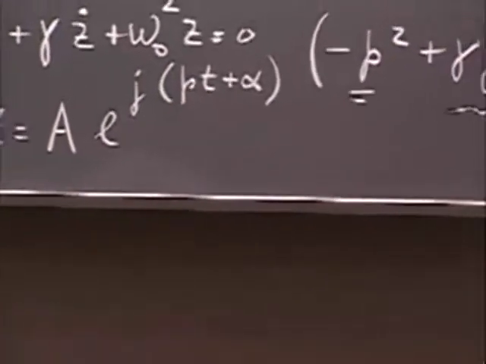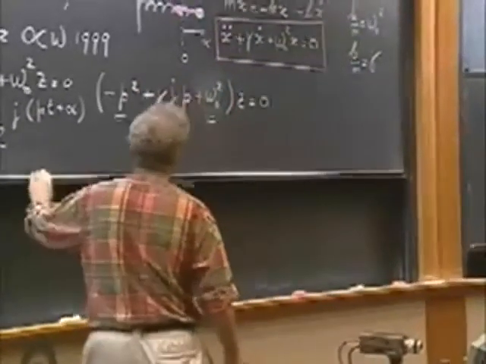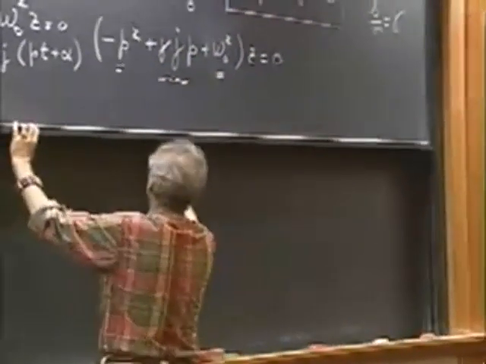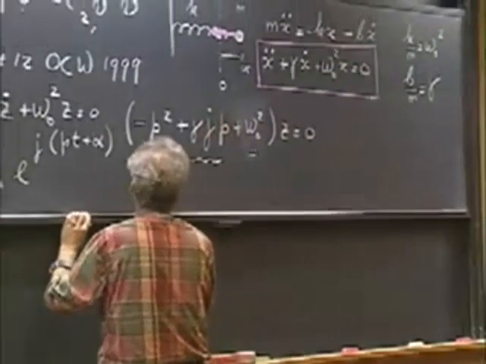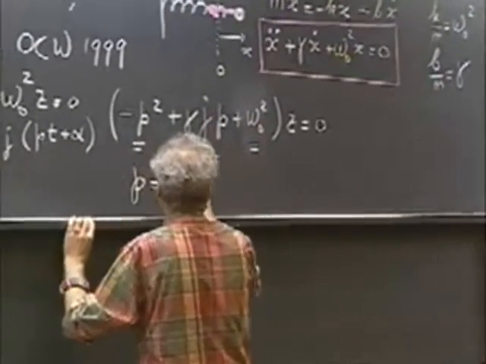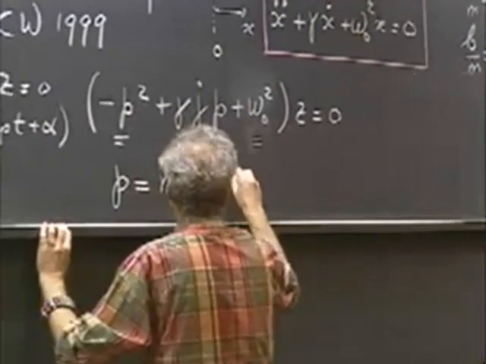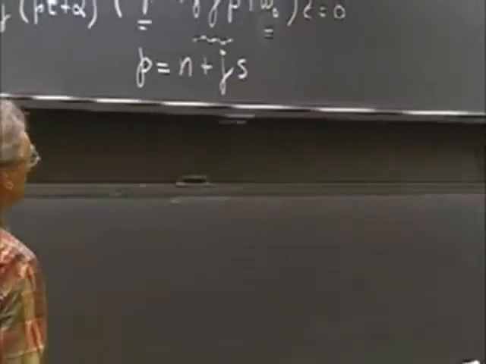Therefore, p itself must be complex. And so we're going one step further now, and we're going to say the only way that we could make this work is if we say p equals n plus js, whereby n and s, let's hope, are real.